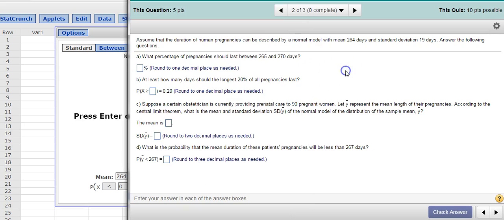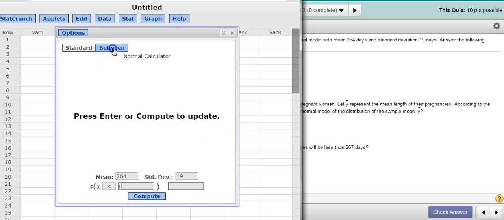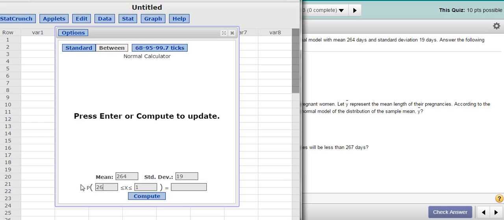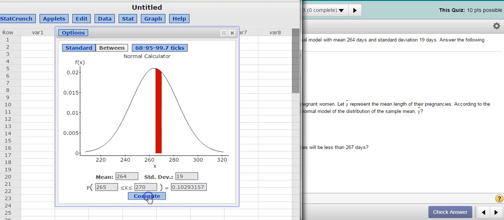And now it says between two numbers, you're going to go to between and type in the two numbers 265 and 270. And this gives you the proportion within these two numbers.